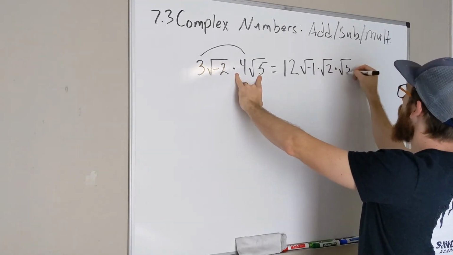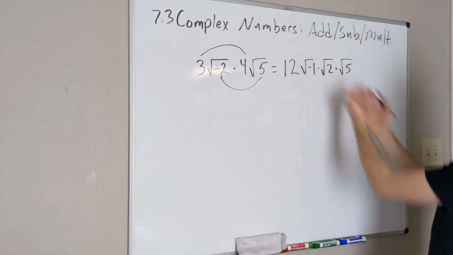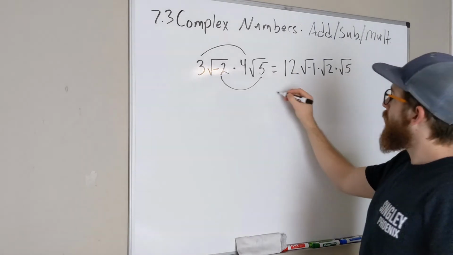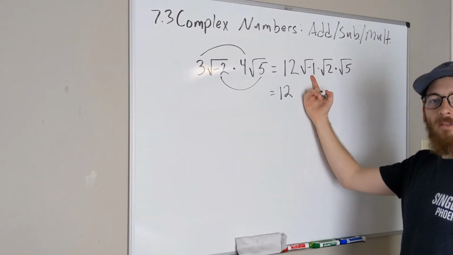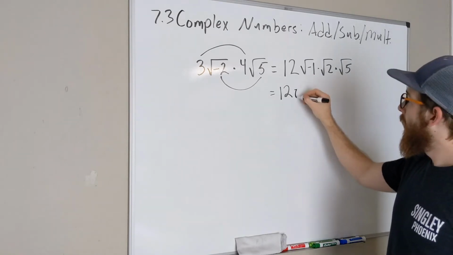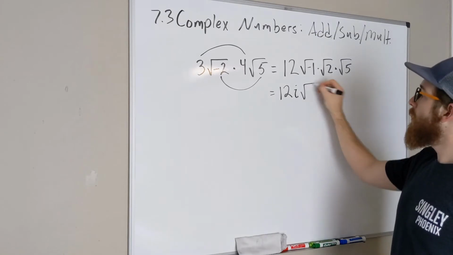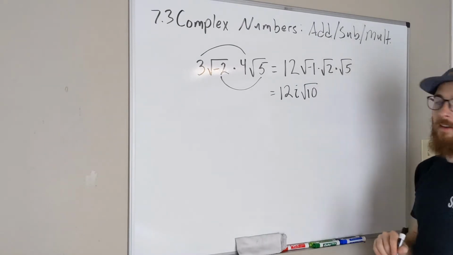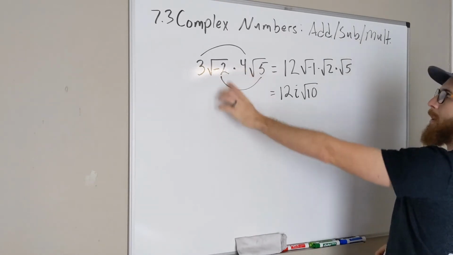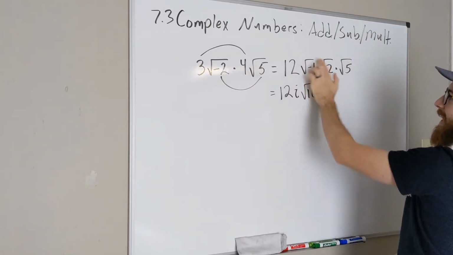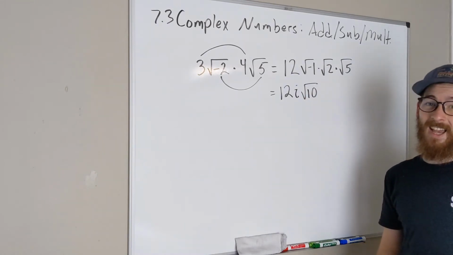Times the square root of 5. Okay, so I'm just breaking these things apart, putting them all there. So I still have the 12. What's the square root of negative 1? Well, that's i. And then square root of 2 times the square root of 5, square root of 10. So I'm still keeping this idea of outside and inside, but I'm breaking these apart to get that negative piece outside and turn it into an i.